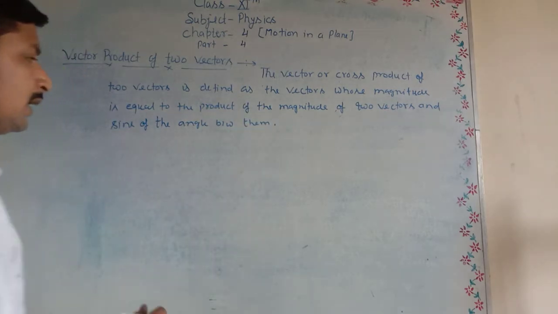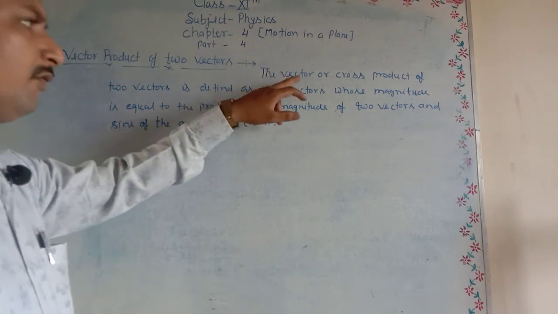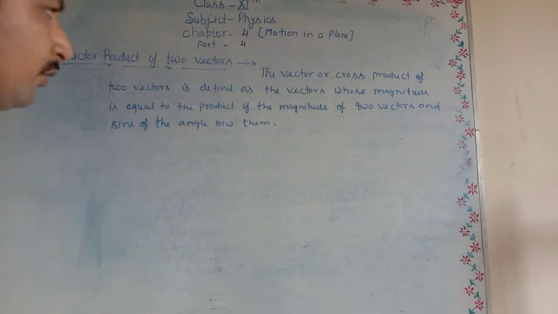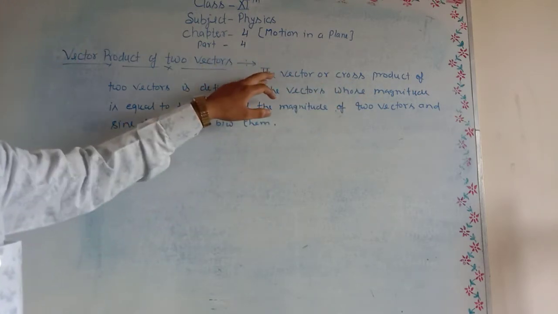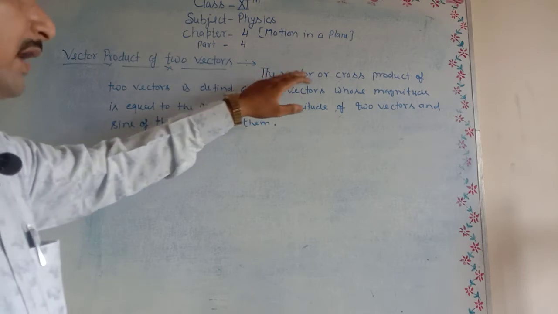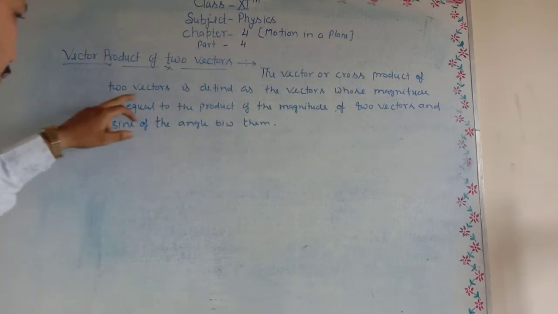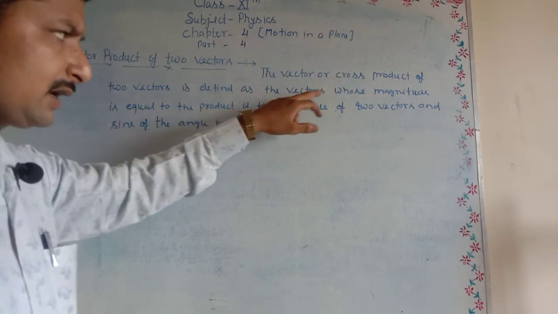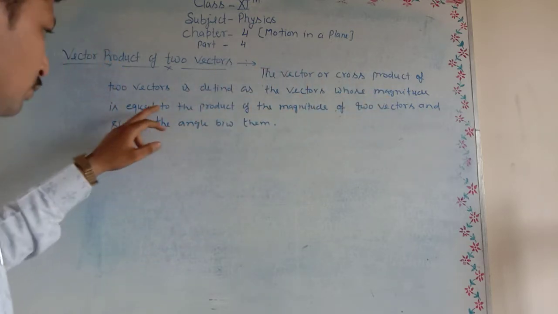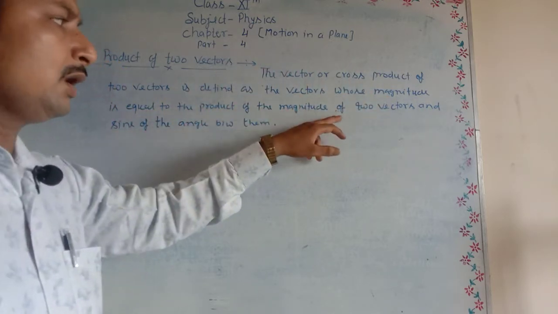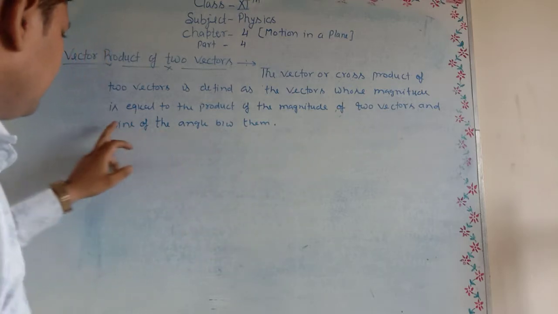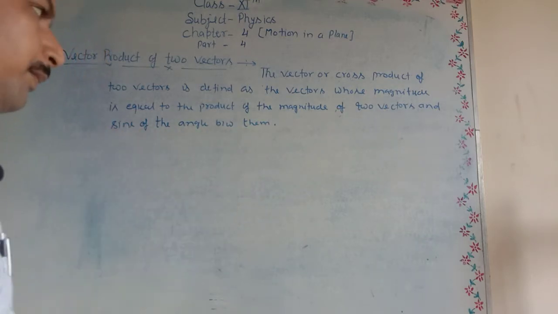Okay students, the vector or cross product is denoted by a cross, so it is called the cross product. The vector or cross product of two vectors is defined as the vector whose magnitude is equal to the product of the magnitudes of two vectors and the sine of the angle between them.